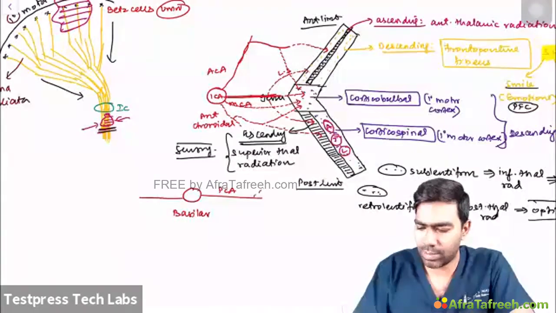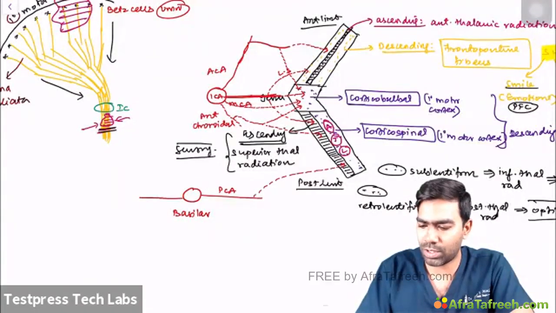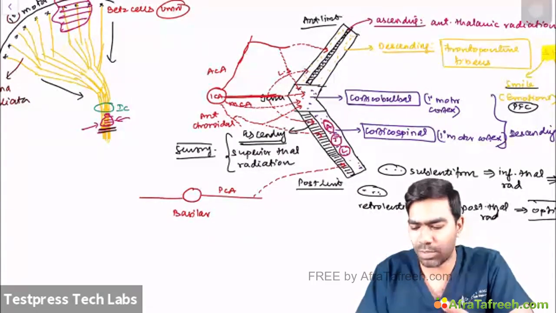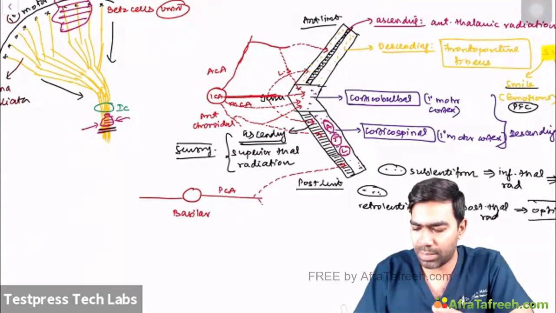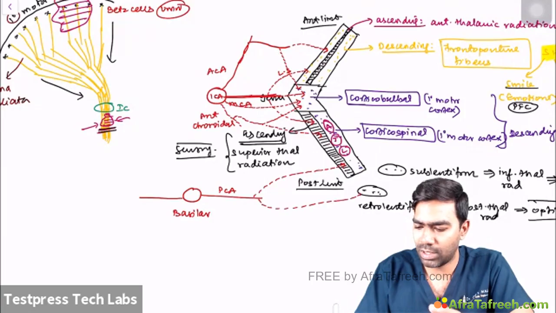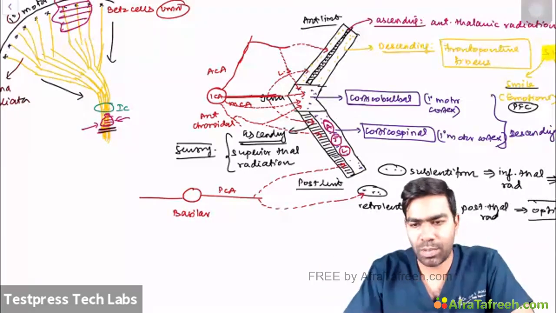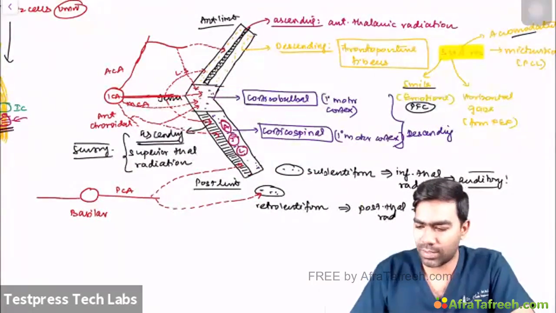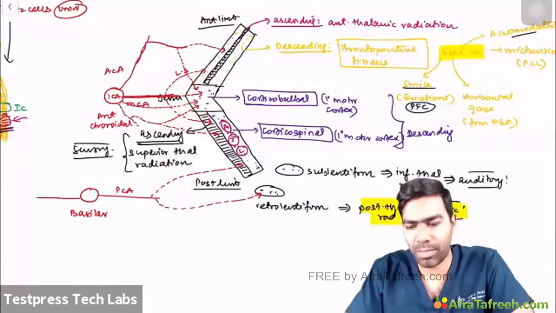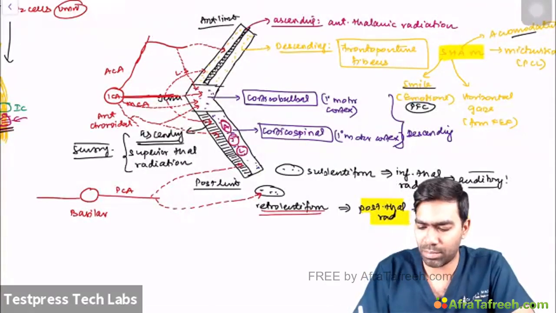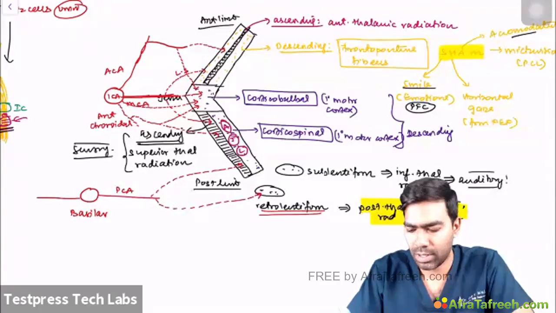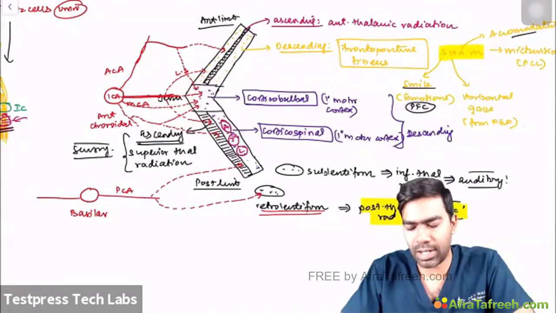So this posterior cerebral artery can also supply small portions of the posterior limb of the internal capsule, but predominantly their supply will be to the retrolentiform part. You can again see which is concerned basically with the optic radiation. So they can supply the retrolentiform part of the internal capsule as well, but predominantly the retrolentiform part only, but some posterior limb can be supplied by the posterior cerebral artery as well.